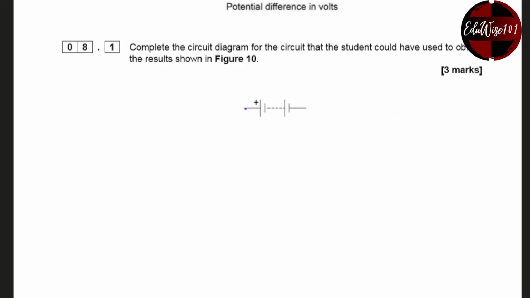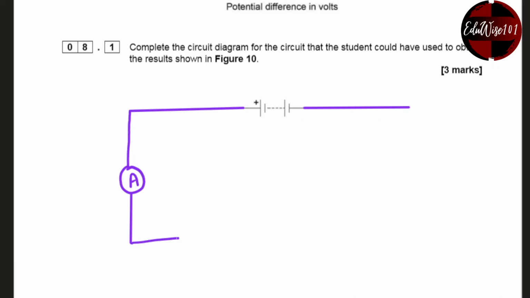So let me extend the line, and make sure that it's just a straight line. To that, you would need an ammeter to measure the current, and the ammeter needs to be in series.